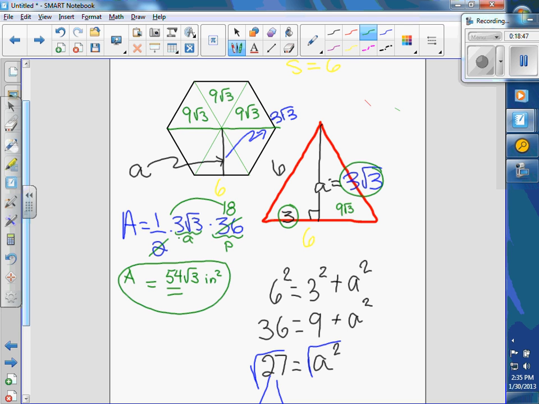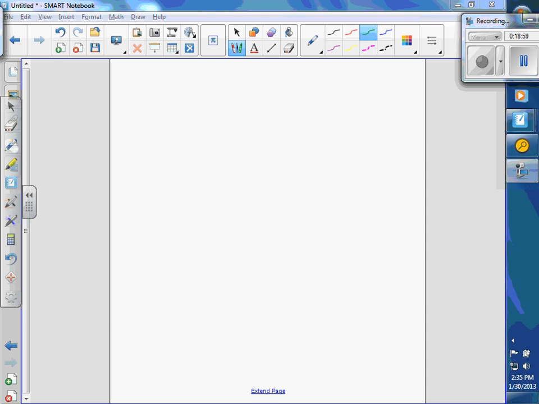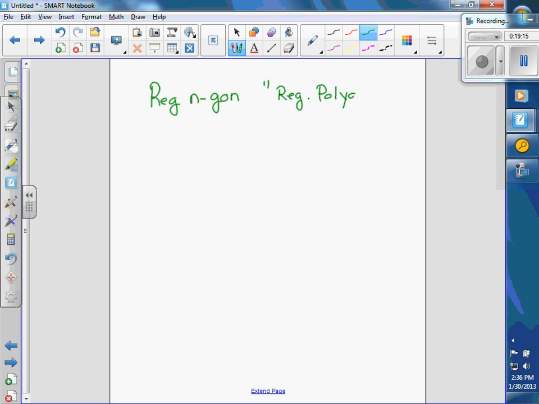How can you figure out? They gave you a perimeter and an apothem. So, how would you figure out if it was an n-gon? When you see regular n-gon, that just means it's a regular polygon, and you have to figure out how many sides.